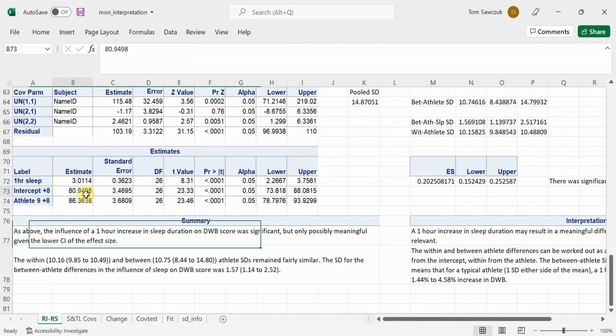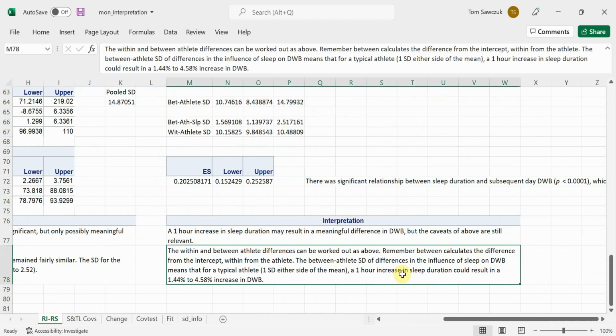Remember, that's 8.95 plus 10.75 and minus 10.75 for the between athlete typical daily well-being score, and then 86.36 plus 10.16 and minus 10.16 for the within athlete typical daily well-being score in response to 8 hours of extra sleep.